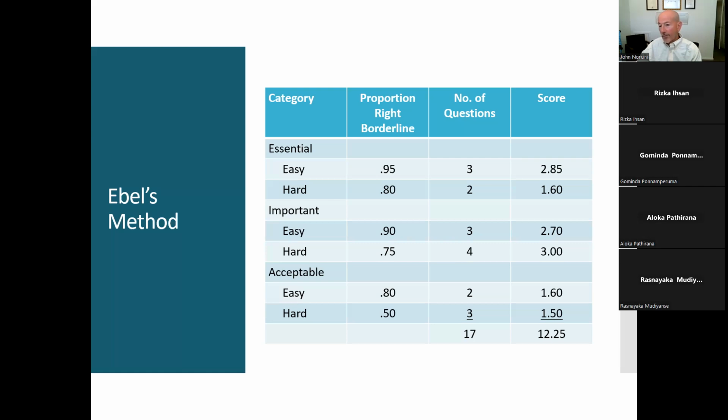John, this is Gominda. Just for the benefit of everybody, can you express your opinion about dividing the number of questions based on item analysis results, the p-value item analysis? You could do that. Yeah, you could certainly stratify, make the easy and hard decisions based on the performance of examinees.